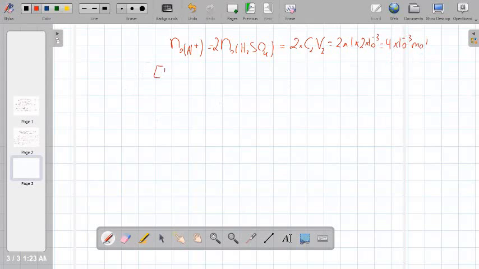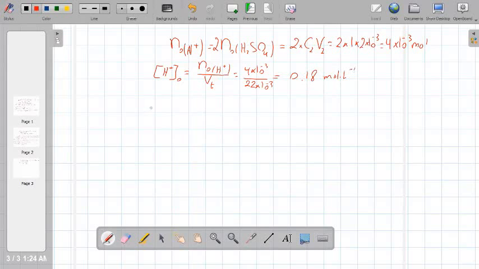Initial concentration of H plus equals N0 of H plus over V total equals 4 times 10 minus 3 over 22 times 10 minus 3, equals 4 over 22, equals 0.18 mole per liter.